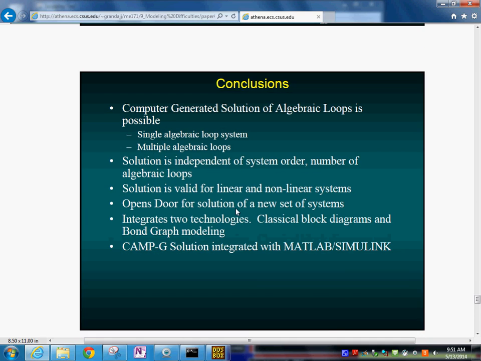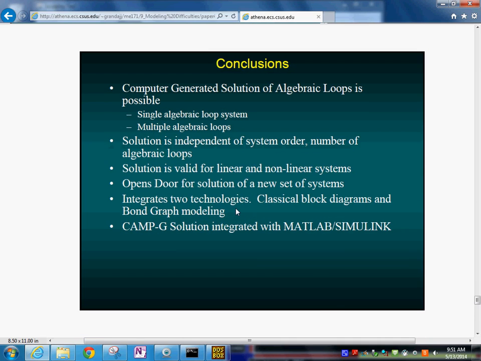So if we reach this conclusion, we say that it is possible to do a computer-generated solution of algebraic loops. We can do a single algebraic loop system, or we can do multiple algebraic loops, as you have seen. The solution is independent of the system order and also of the number of algebraic loops.